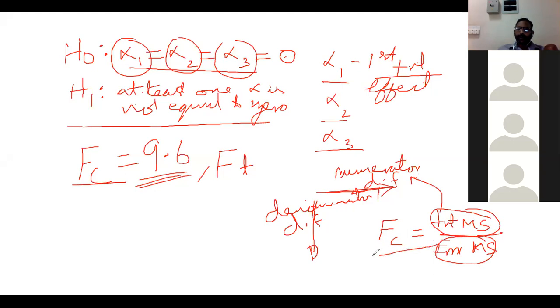What is the denominator degrees of freedom? 6. I don't have the F table, so you'll have to look at the F table. In this direction, look for the value of 2. In this direction, look for the value of 6. Look at the values and tell me.